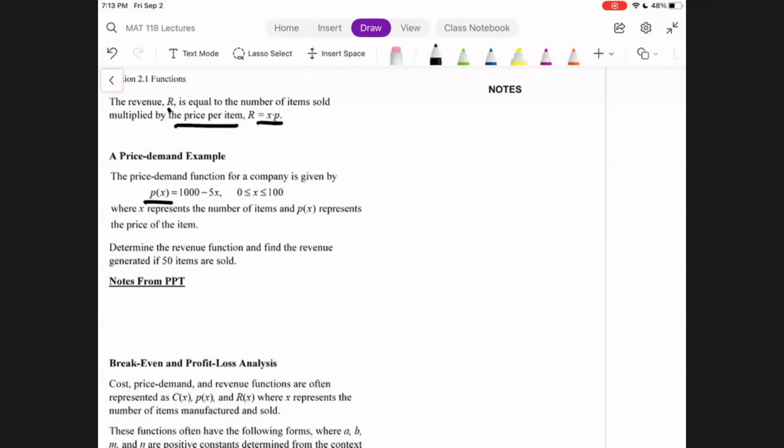So in this next example here, if I have P of X equals 1,000 minus 5X, where X is the number of items and P of X represents the price, determine the revenue function and find the revenue if 50 items are sold. So remember, revenue in terms of X equals X times your price demand function.